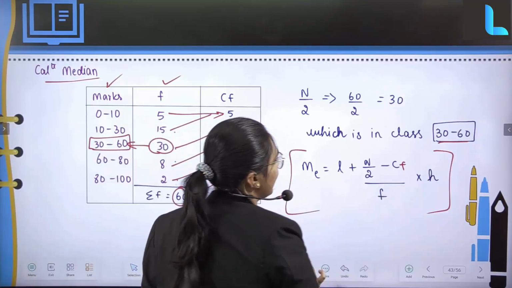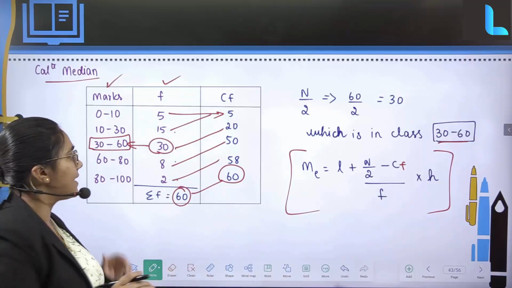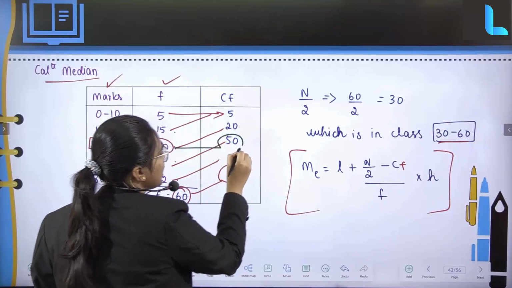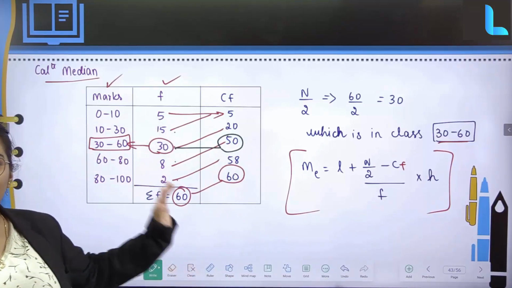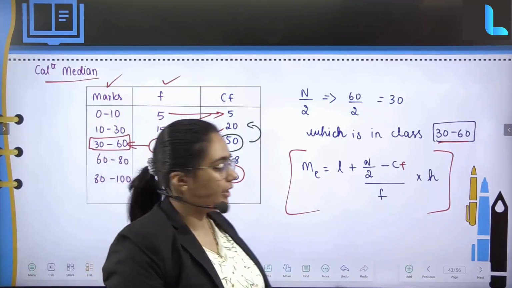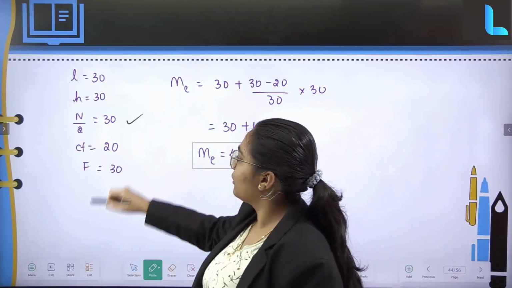Now that you have the cumulative frequency, what is my cumulative frequency and what is my frequency? 30 is what I have got over here. The frequency is the one corresponding to this class, and the cumulative frequency is the one preceding it.